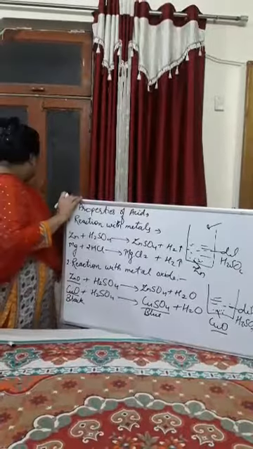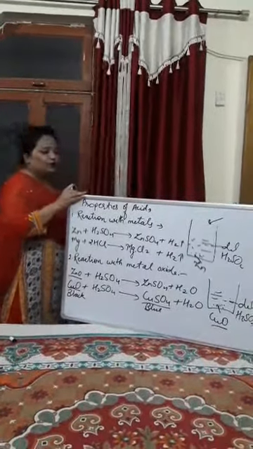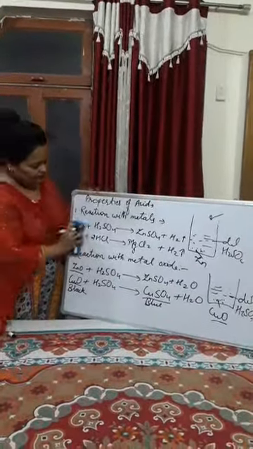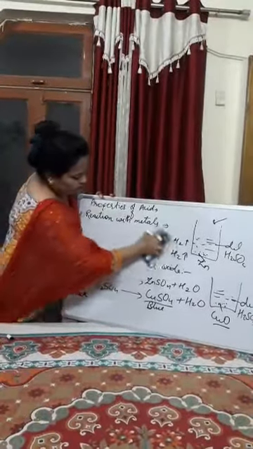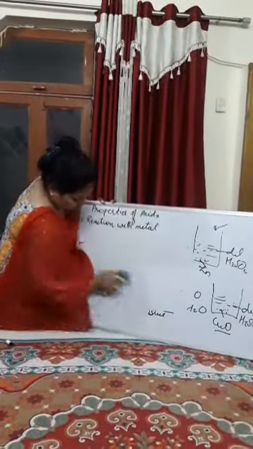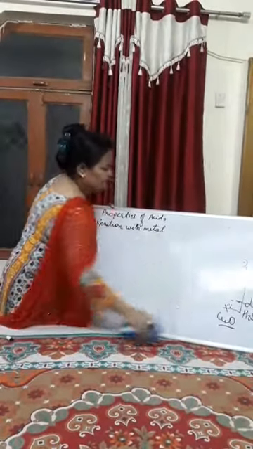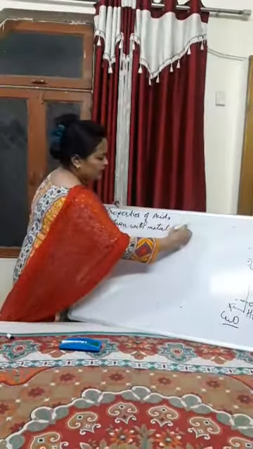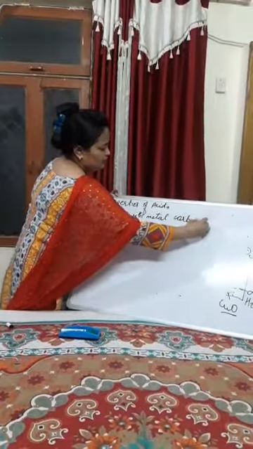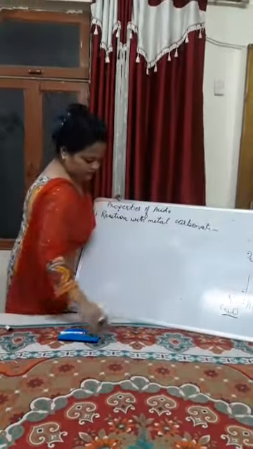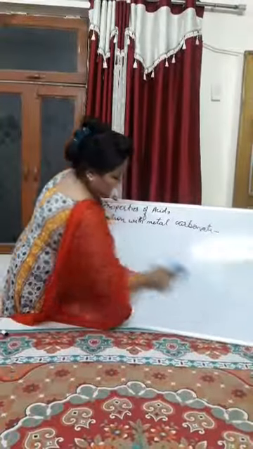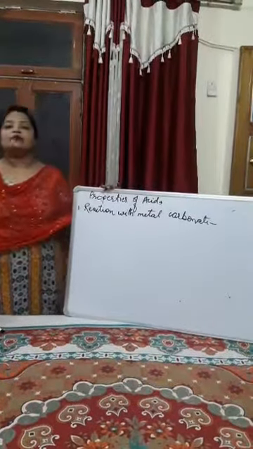Okay, then the next property is the reaction of acid with metal carbonate. Now, what are metal carbonates?